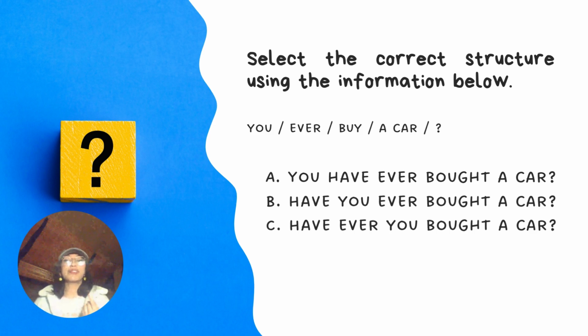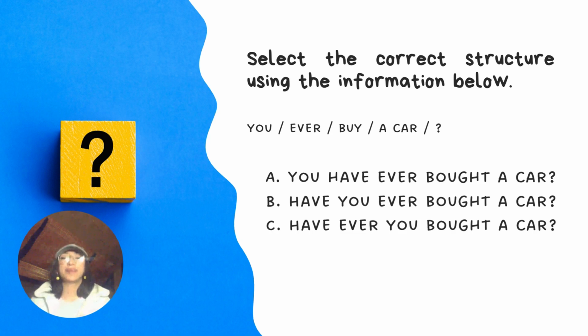Okay. So the first sentence we have here: you ever buy a car? Now, what will be the answer? Time passes. So, okay, Christine, you are raising your hand. What is the answer for the first question? Okay, so it will be B. Have you ever bought a car?